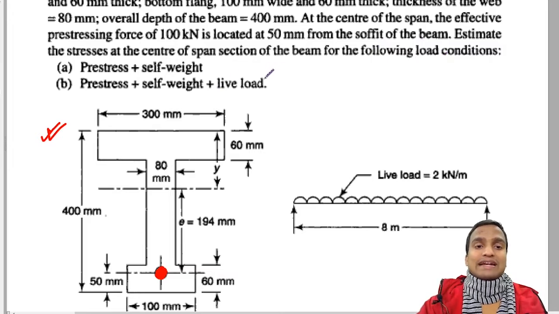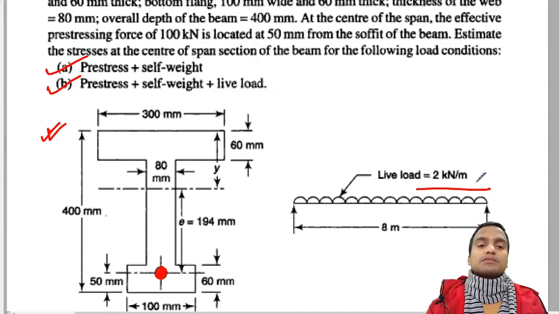Estimate the stresses at the center of span section of the beam for the following load conditions. In the first case we have to consider pre-stress and self-weight only, and in the third case we have to consider pre-stress plus self-weight plus live load, and the live load magnitude is also given as 2 kilonewton per meter.